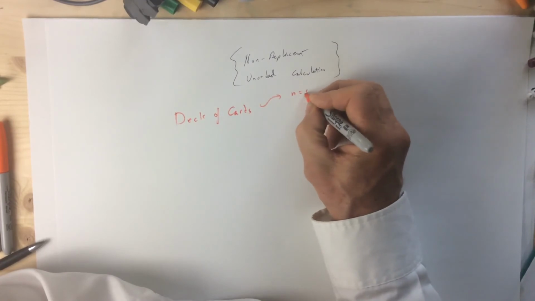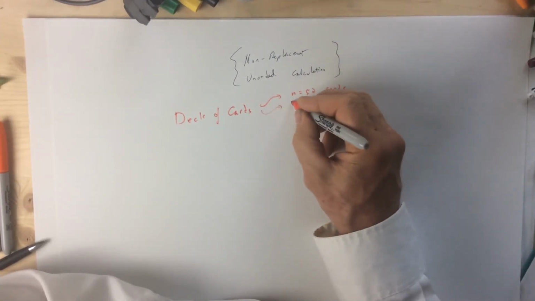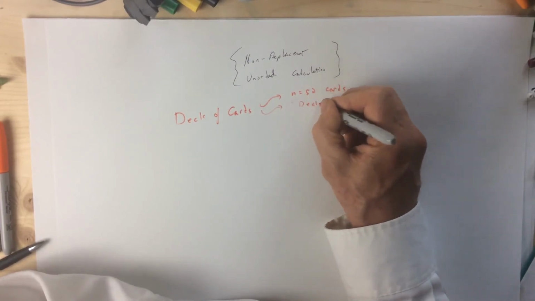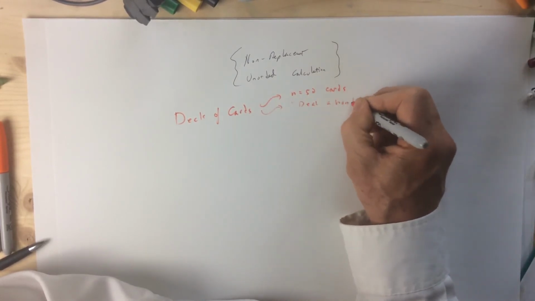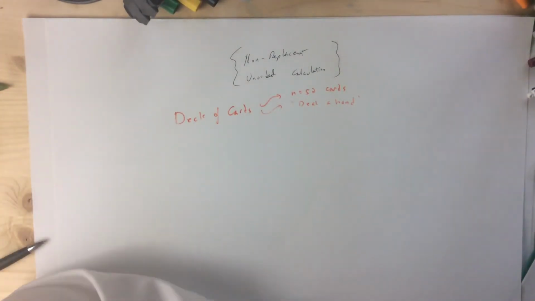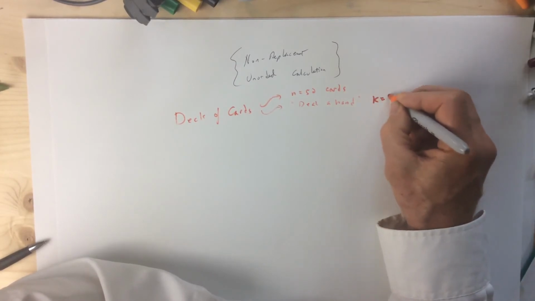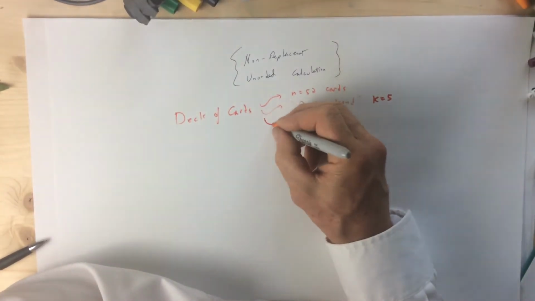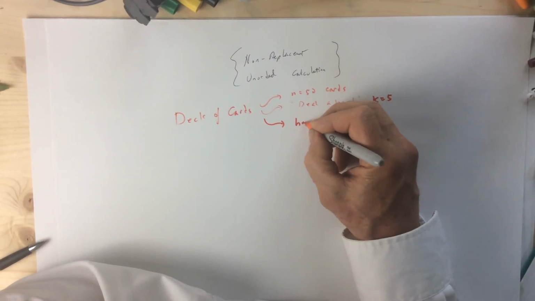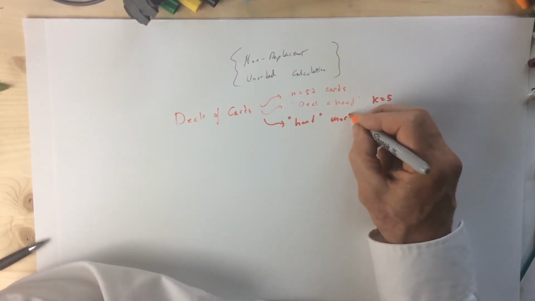We have 52 cards. I'm going to what we call deal a hand. My pen seems to be dying here because I've done this lecture 7 times. No, it's actually the 5th. Deal a hand, and I'm going to have that hand be 5 cards. This hand is unordered.